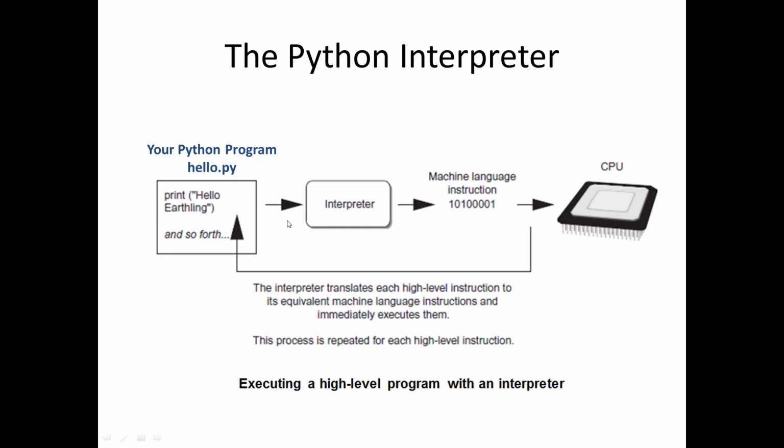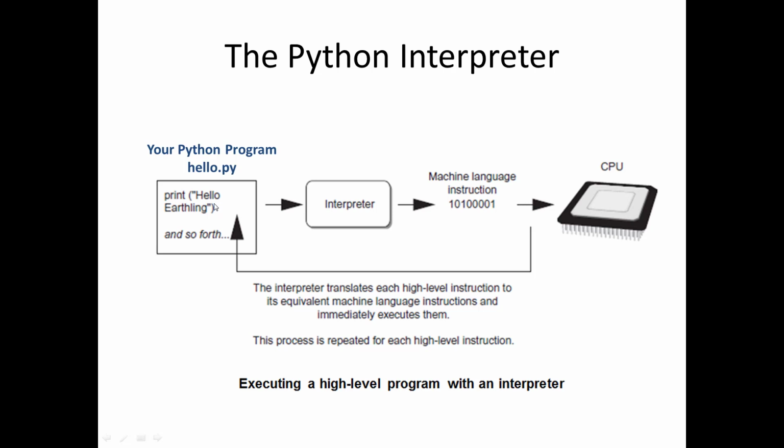This picture demonstrates how it works. So here is your Python program, and we're going to name this program hello.py. Notice the .py extension tells your computer that this is a Python program that's running, and it will initiate the Python interpreter to run it. And here we have a simple print statement that we'll talk more about later.